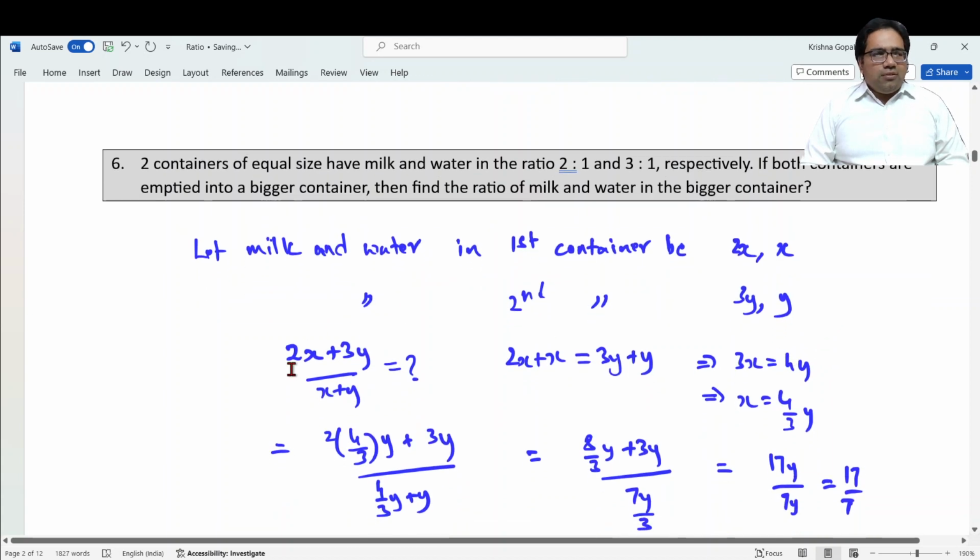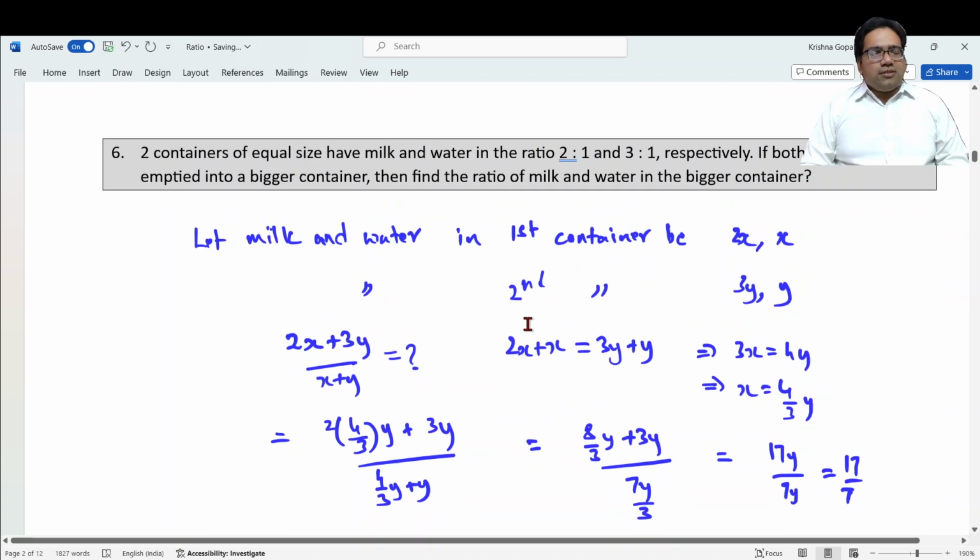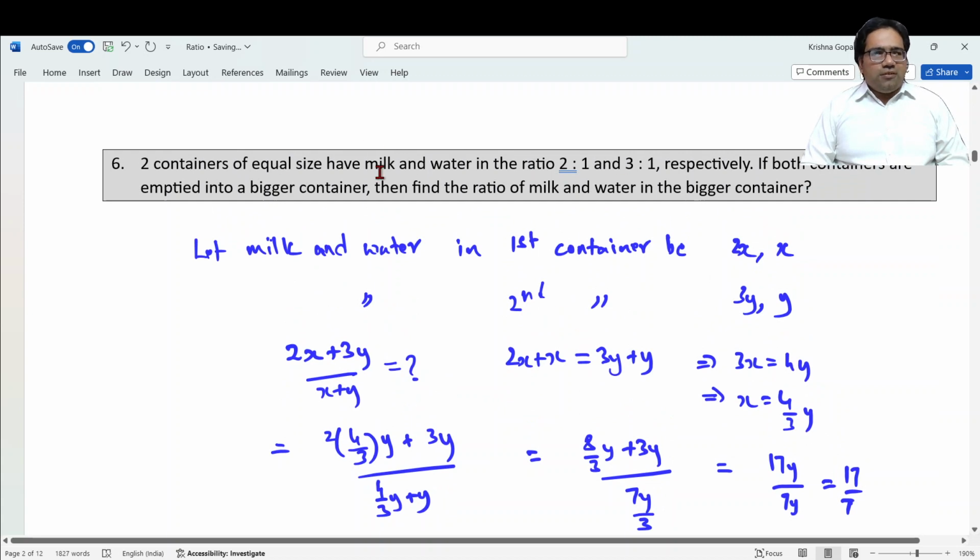Now what it is saying, 2x plus 3y is the total amount of milk, by x plus y, which is the total amount of water. This is what he is asking. Now what he is also saying, both containers are of equal size.